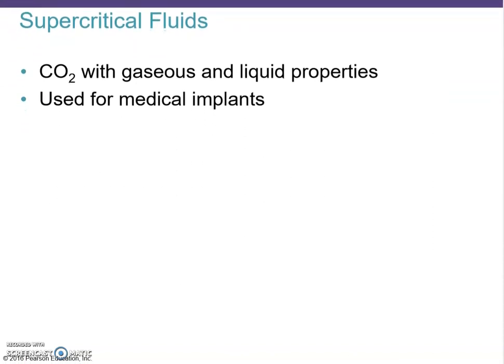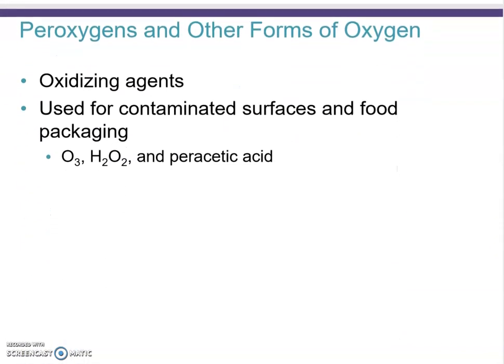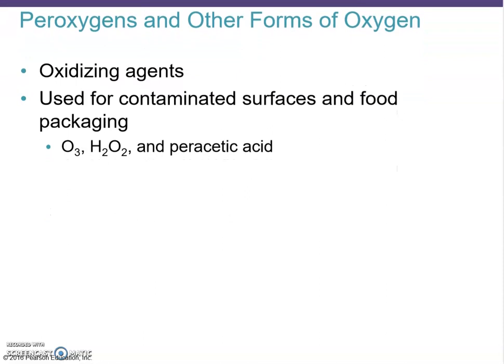Then another method that you may not have heard about are supercritical fluids. So there'll be CO2, carbon dioxide, with gaseous and liquid properties that can be used for medical implants to sterilize those. And then very effective in sterilizing something would be peroxygens and other forms of oxygen that are highly reactive. So those would be oxidizing agents.